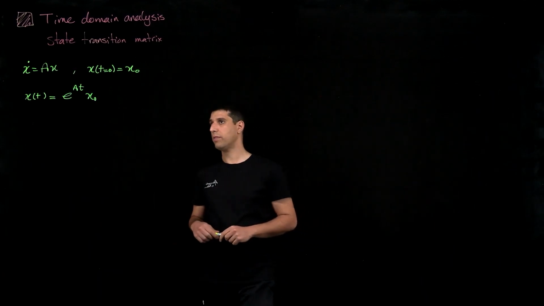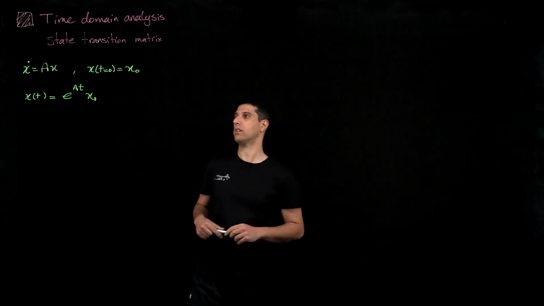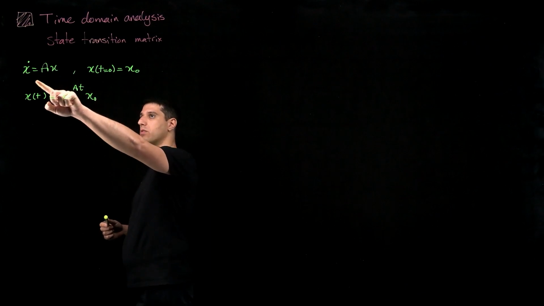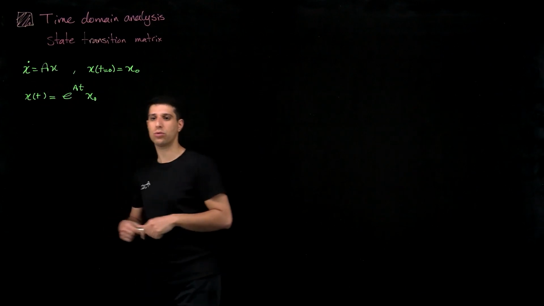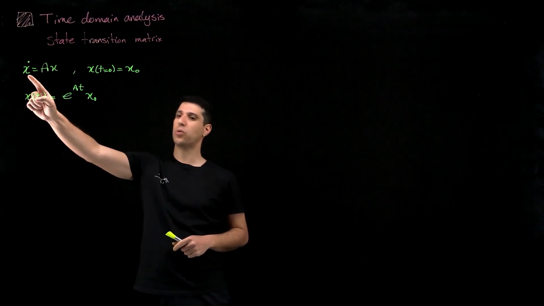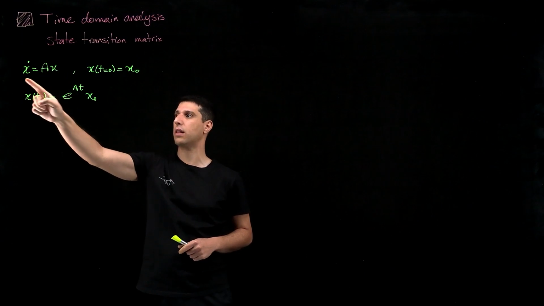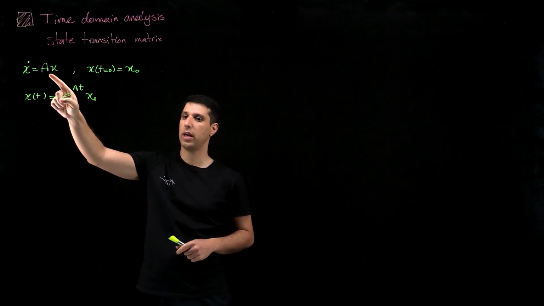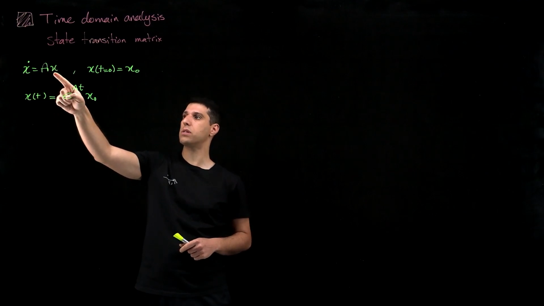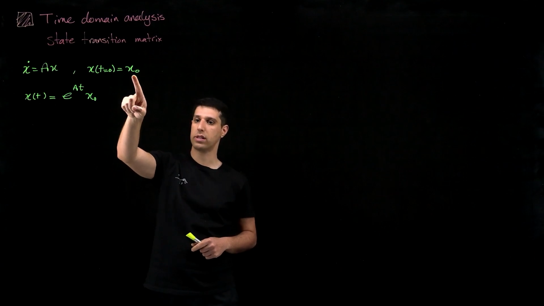So I have written the essence of what I just did. I have this differential equation in the matrix form. I'm going back to use the lowercase notation because I'm going to use the uppercase for something else. But remember that it is now a matrix equation. So I have x dot equals matrix A times x with the initial condition being vector x naught.